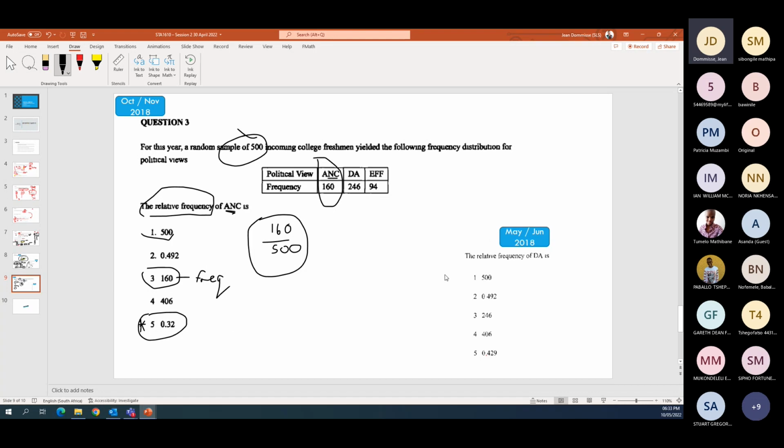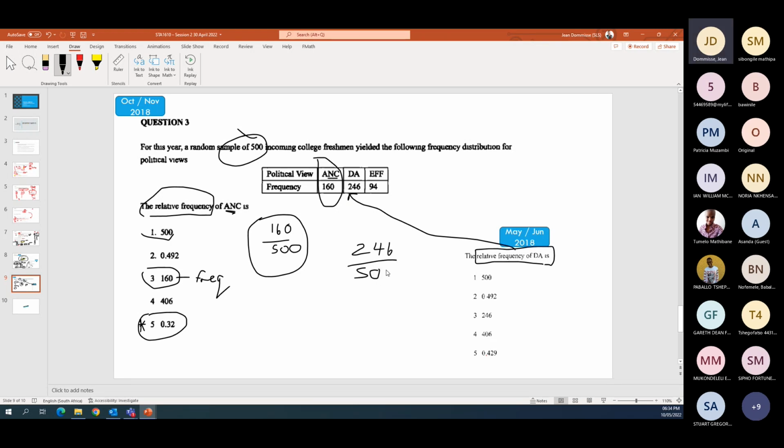They asked in the second exam of that year, looking at the same data, what is the relative frequency of a DA? So the relative frequency of a DA is just the 246 divided by 500.